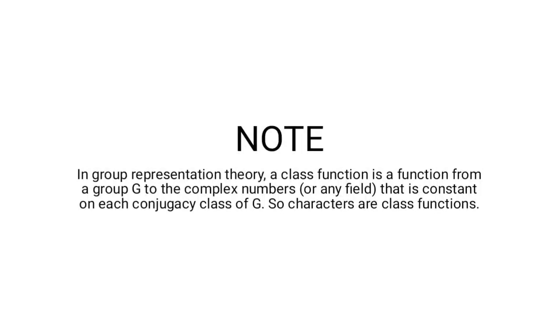We've noticed that we've always used the field K. So if you have a function from the group G to any field that is constant on each conjugacy class of G, then we have a class function. Generally, characters, which we know are the sum of the diagonals of the matrix representation, are all class functions. So let's note that before we begin the theorem.